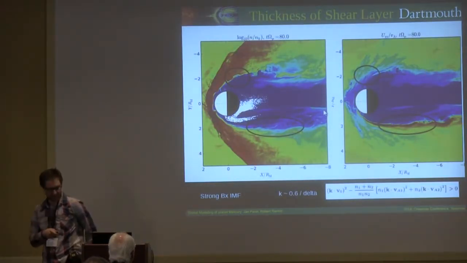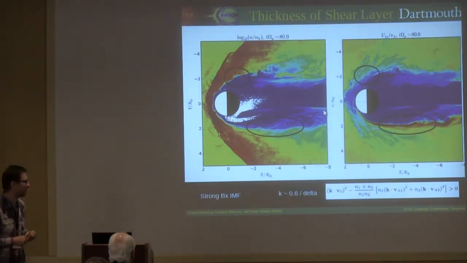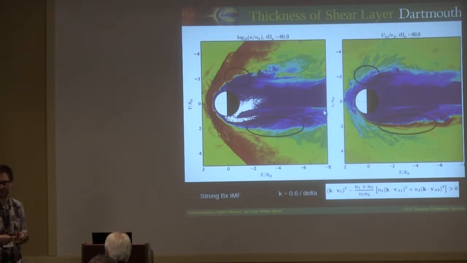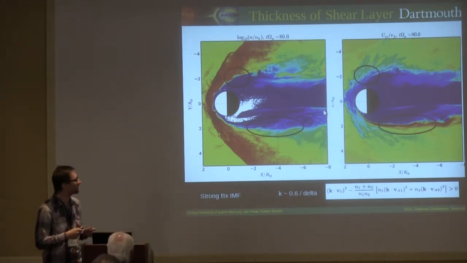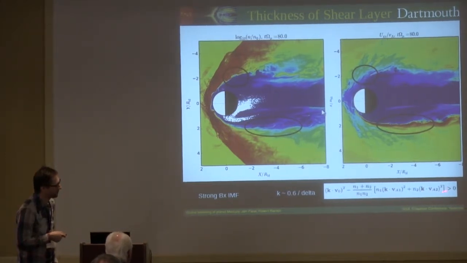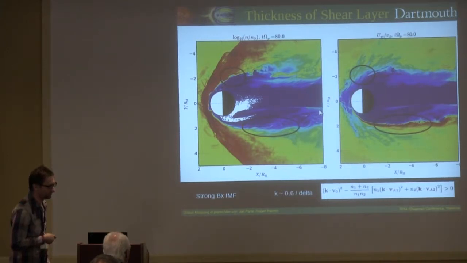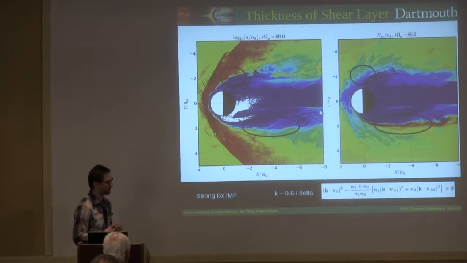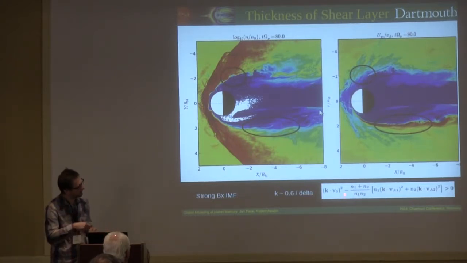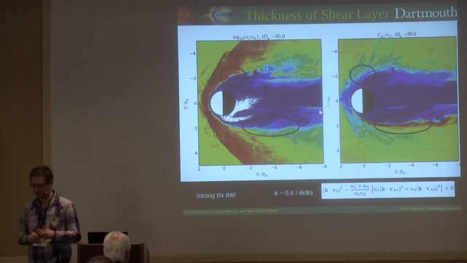Right, so I put this slide in my presentation based on what Margaret said the other day, that even though we have a kinetic model, we should look at it from the perspective of MHD. And in this case, I took the advice, and so I wrote here this expression, derived from incompressible MHD equations, and it is an instability criterion for the Kelvin-Helmholtz instability.